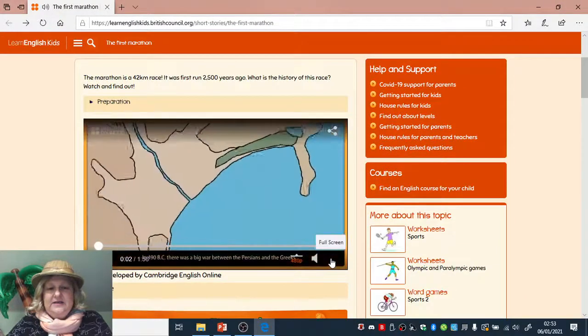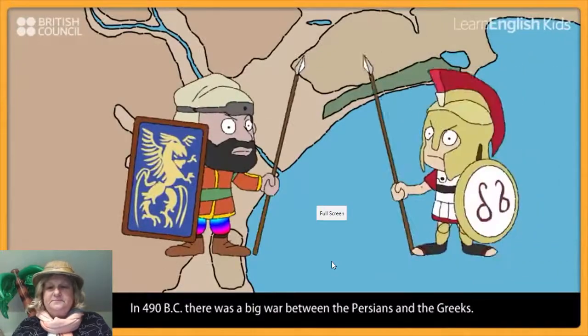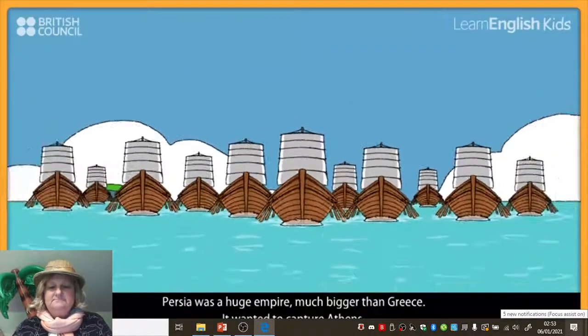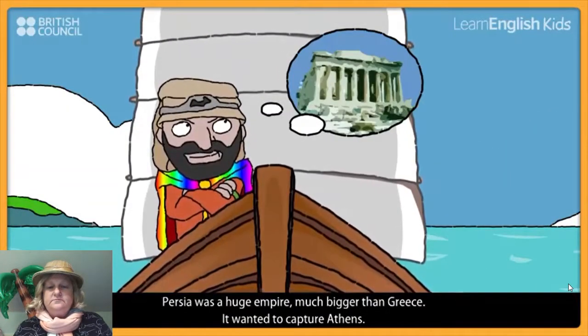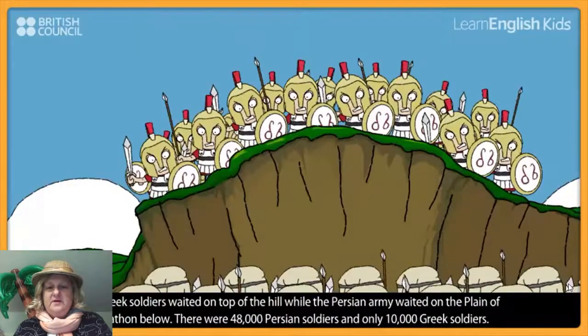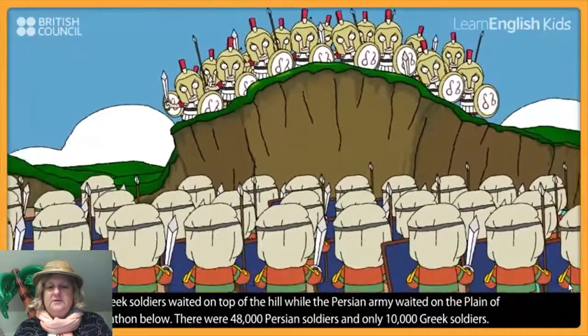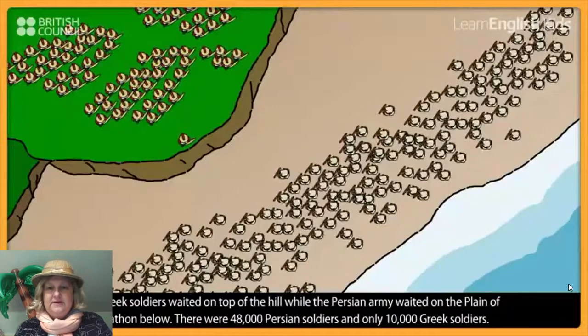In 490 BC, there was a big war between the Persians and the Greeks. Persia was a huge empire, much bigger than Greece. It wanted to capture Athens. The Greek soldiers waited on top of the hill, while the Persian army waited on the plain of Marathon below. There were 48,000 Persian soldiers and only 10,000 Greek soldiers.